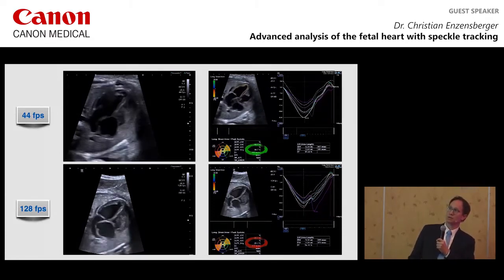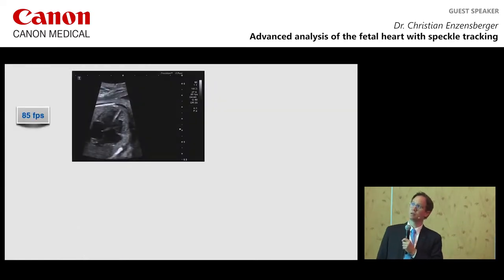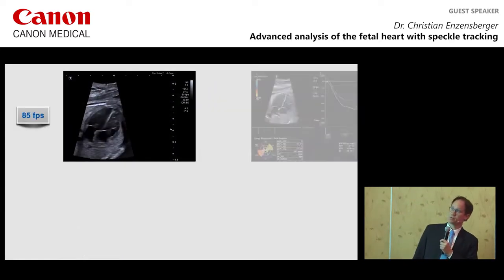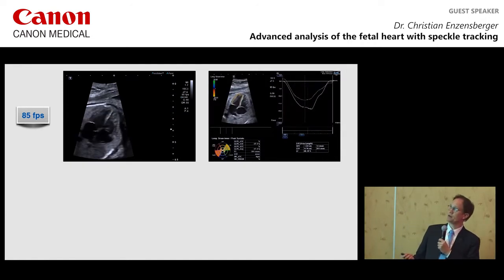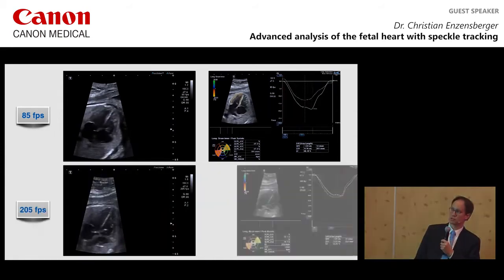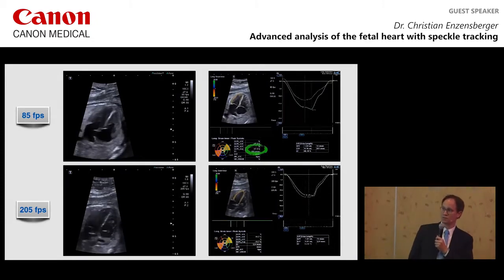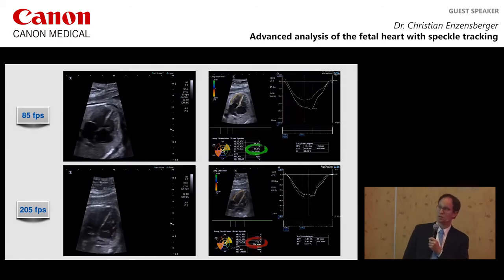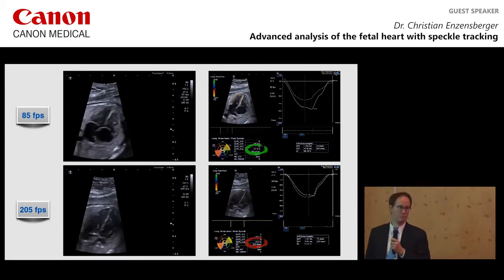Now an example where the difference is much wider. Here, 85 frames per second: minus 17.5% for the global longitudinal peak systolic strain. And here, 205 frames per second, in the 27th week of gestation: minus 19.7%.